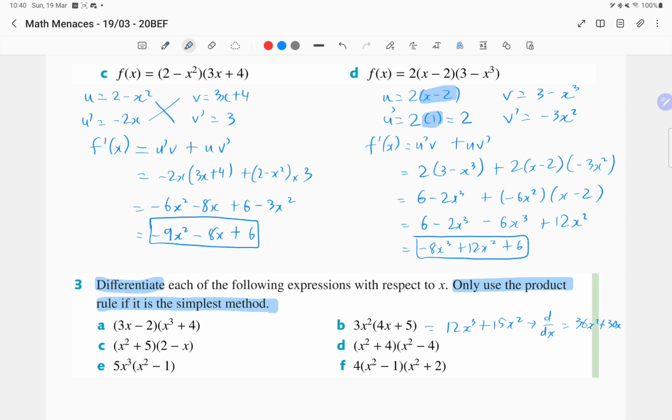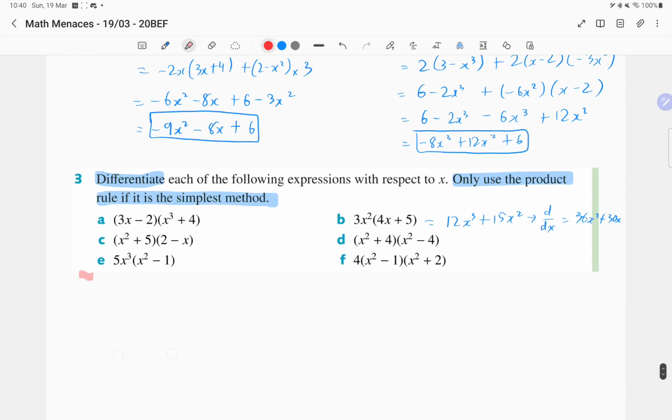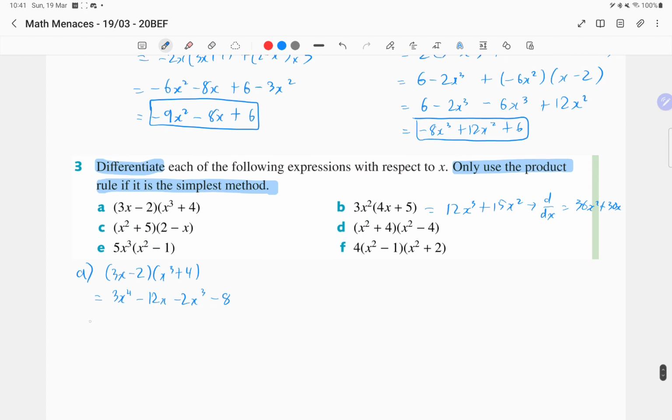So the main question is differentiate. Once you expand it, you can just go d over dx.